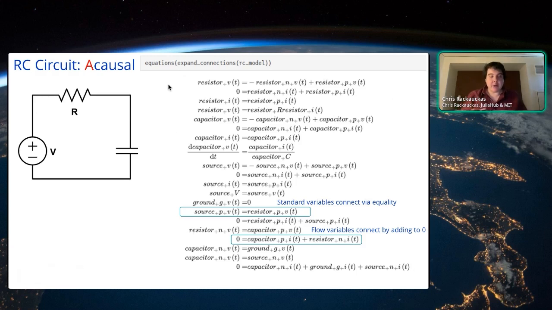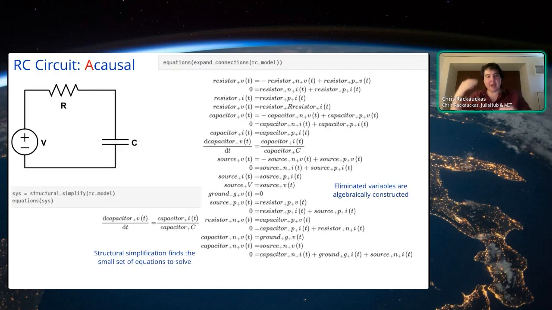And so what the causal modeling system does is we say, okay, if these are all the truths, then at the end of the day, I can simplify the model down to just this one ODE. And from this one ODE, I can recreate all of these other equations because of the underlying equalities I have between them, right?